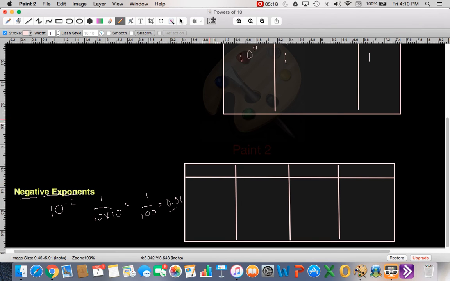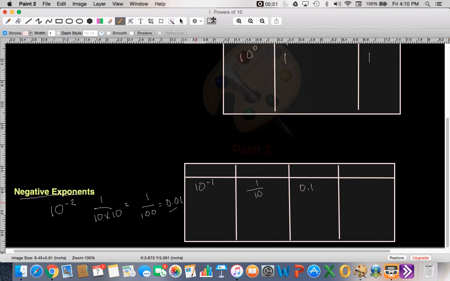So, if you're going to put it in a table, let's start with 10 to the negative power of 1, right? And 10 to the negative power of 1 is you're dividing 1 by 10, and the answer would be 0.1. If you divide 1 by 10, that would be 0.1 or 1/10.